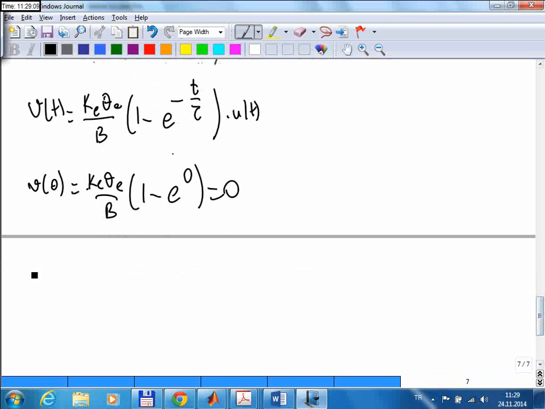Okay? And then you can also calculate the final value of the speed, right? The final speed of the car, we'll call it final.